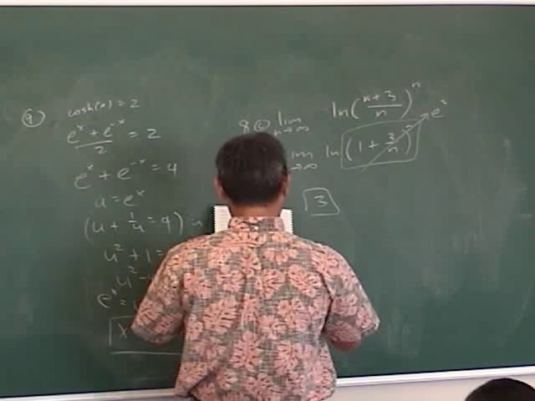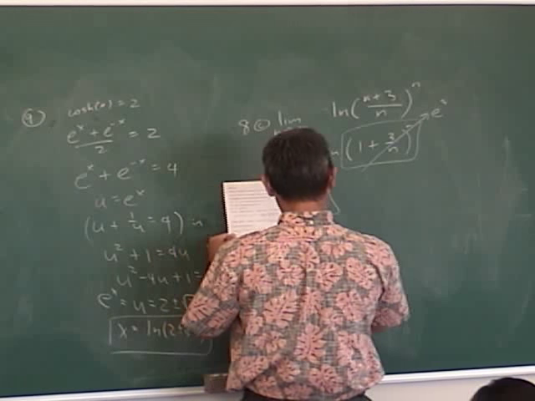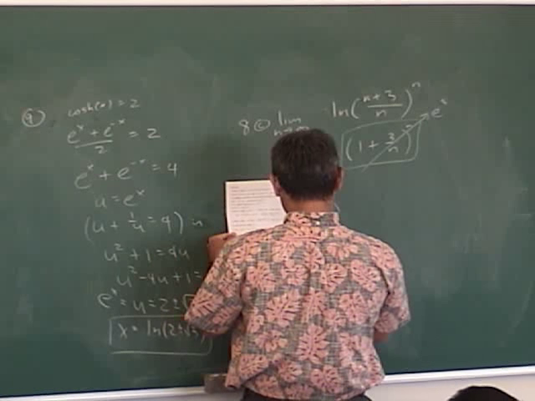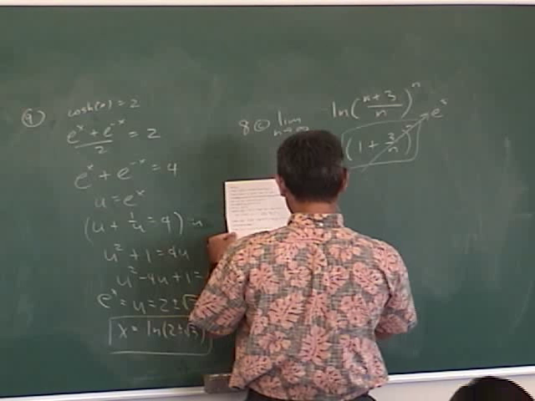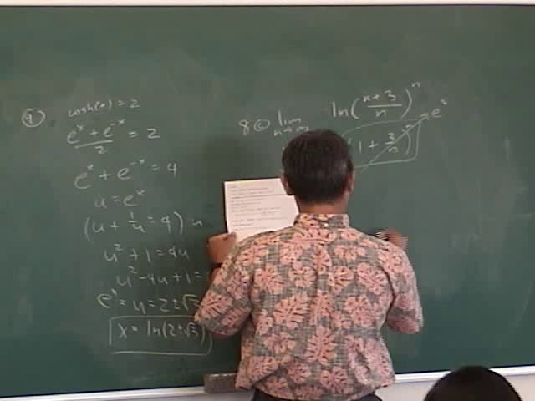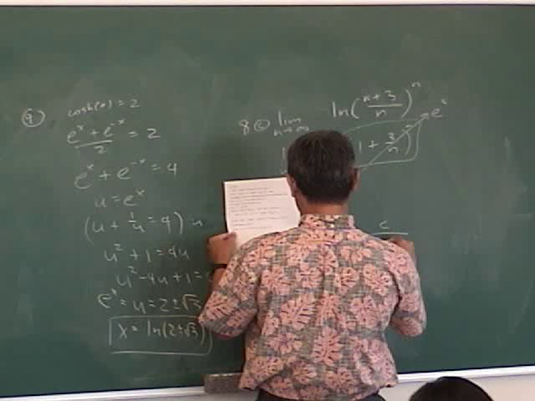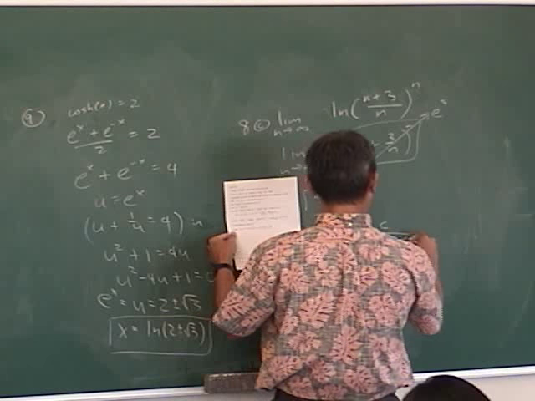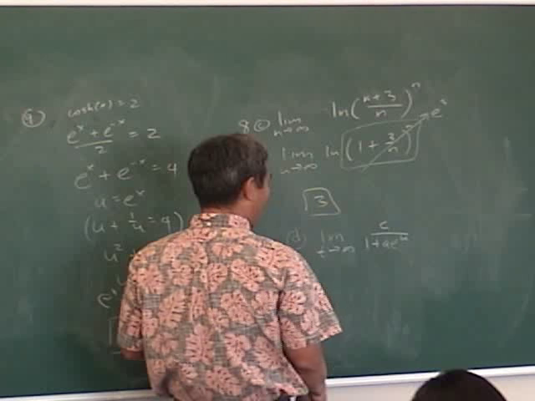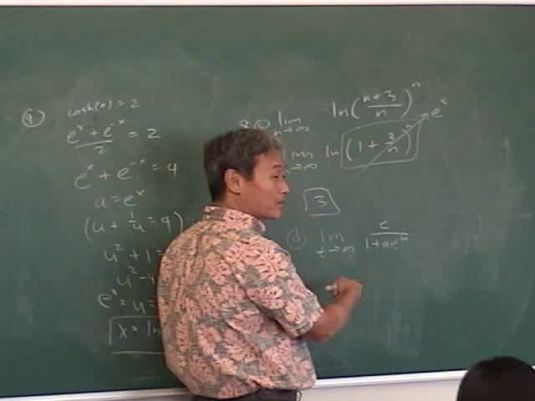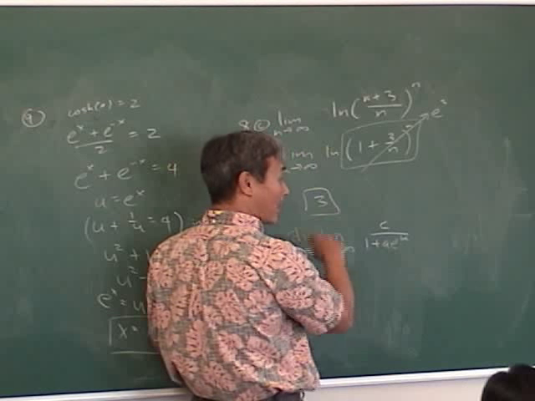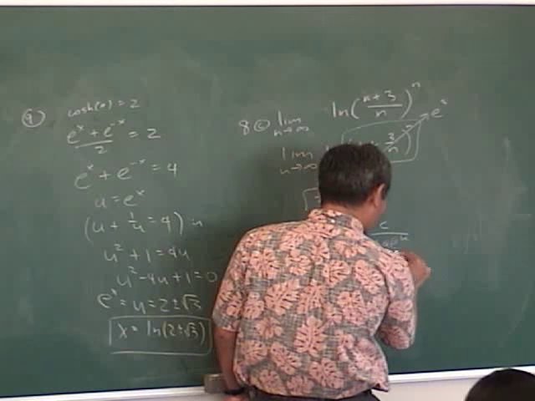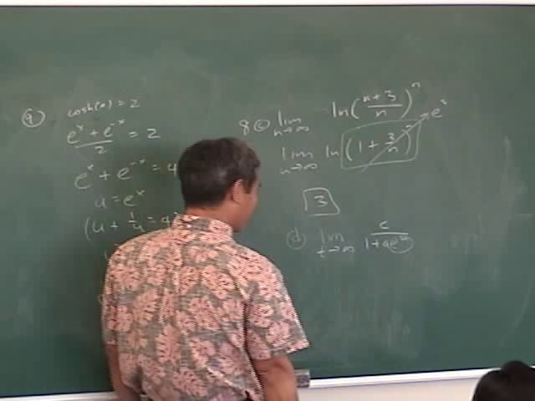And then D, limit as t approaches infinity. Okay, a, b, and c are natural numbers now. c over 1 plus a e to the negative bt. We talked about this when we did the logistic growth graph, remember? What happens to this as t approaches infinity?